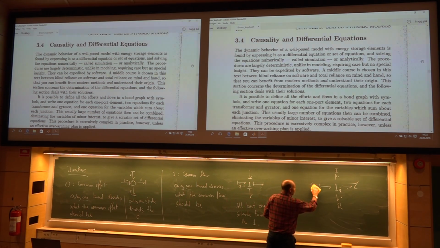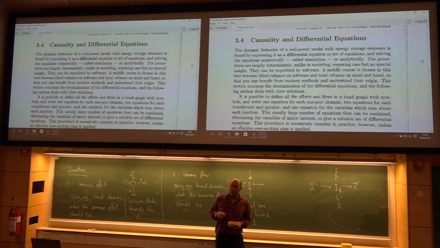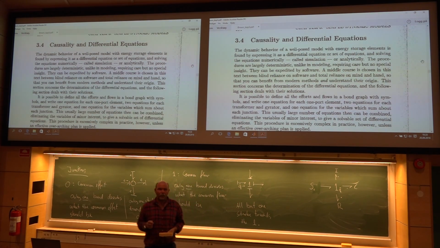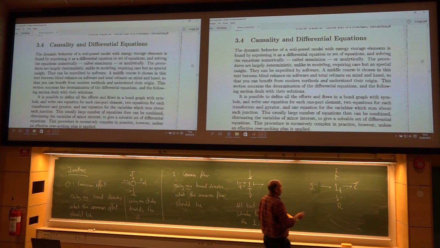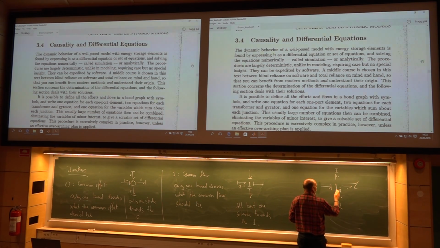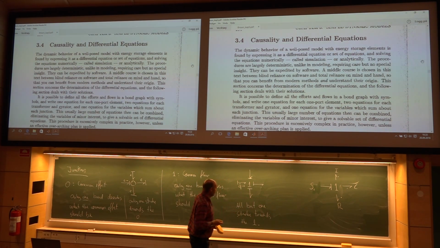But all you have to do is this. You use an effort source, and that's a different problem. Now you are attacking something with a force. The stroke goes here. That's something else. Now what?